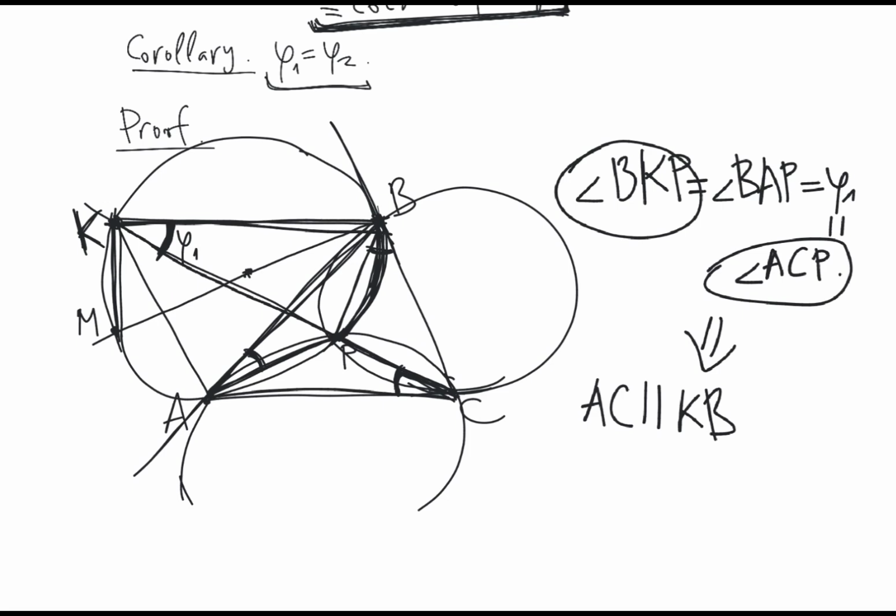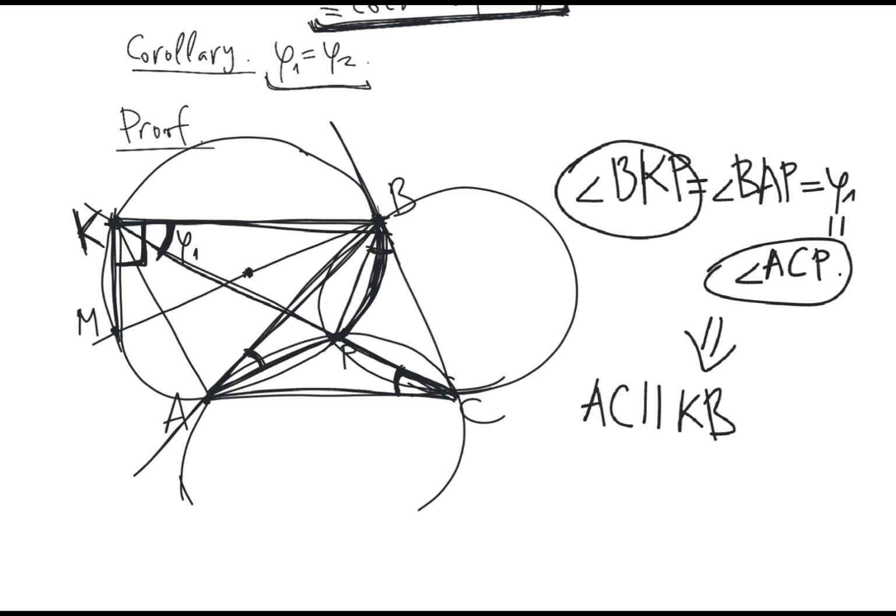Now because MB is a diameter, this angle is a right angle, because an inscribed angle subtending half of a circle is 90 degrees.